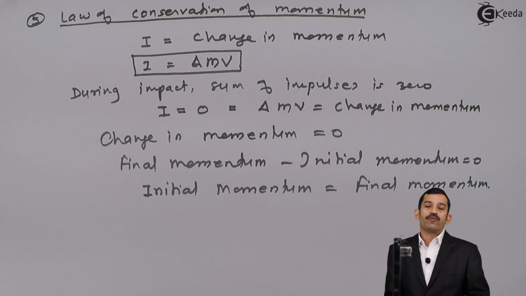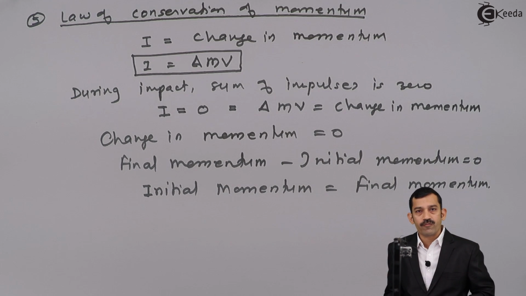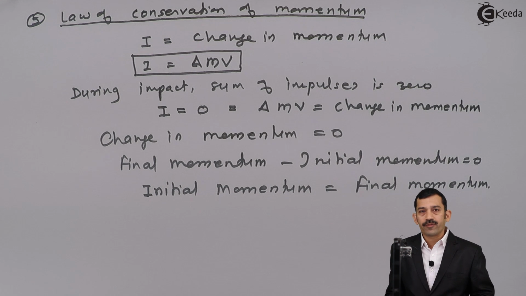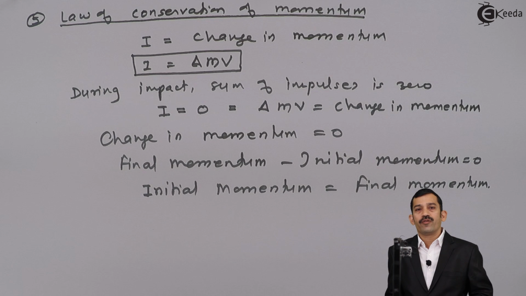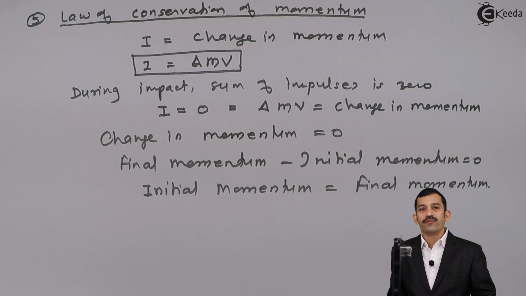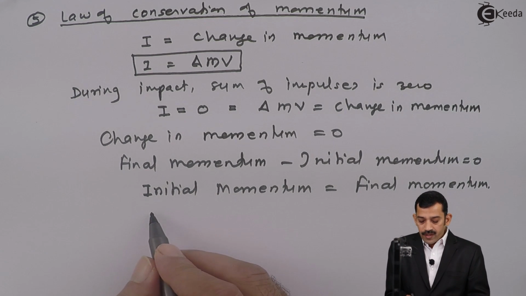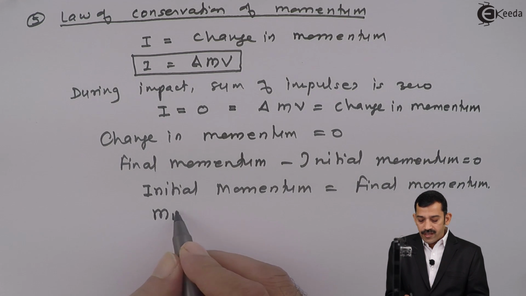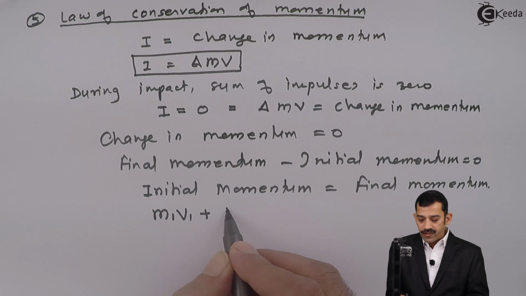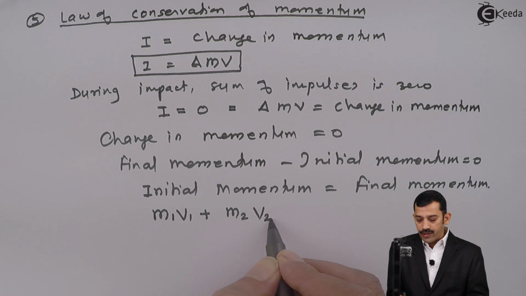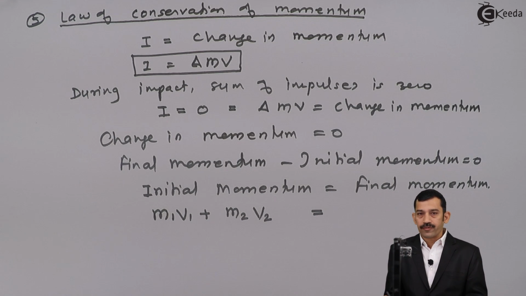In impact, always two bodies are involved. Say the first body is of mass m1 and the second body is of mass m2. Body 1 moves with some velocity v1, and body 2 moves with some velocity v2. So initial momentum is mass into velocity of each body: for the first body, m1 v1, plus for the second body, m2 v2, which equals the final momentum after impact.